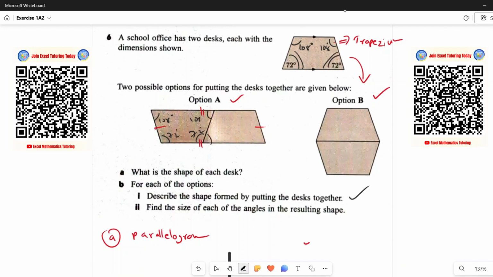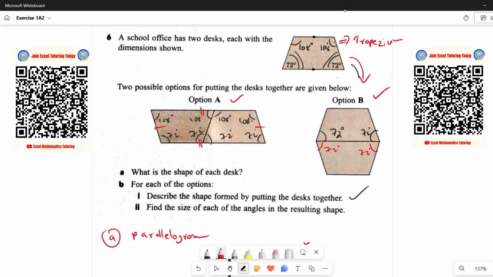Again here this will be 72, 108 degree, and this also will be 108 degree. Same thing here; just compare with the above parallelogram and you will get the angles easily. 72, here 72, this will be 72.